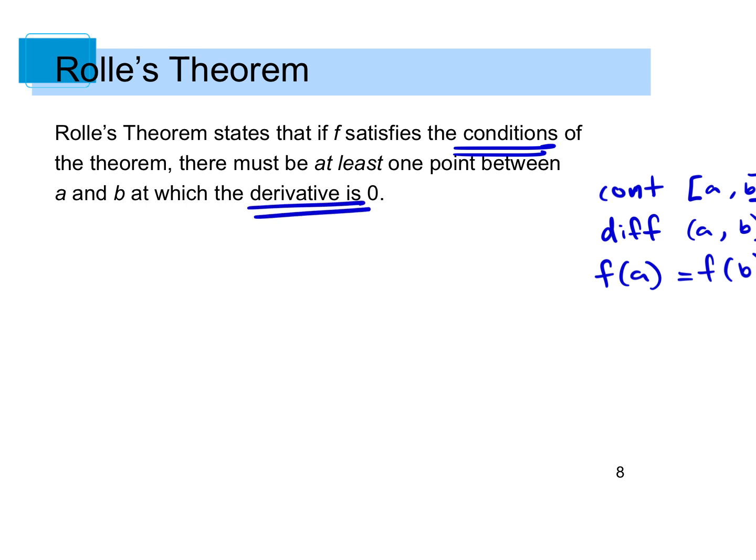So if our derivative is 0, that means that we have a horizontal tangent line, which means that we'll have a relative maximum or minimum.